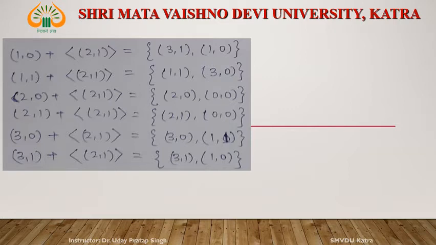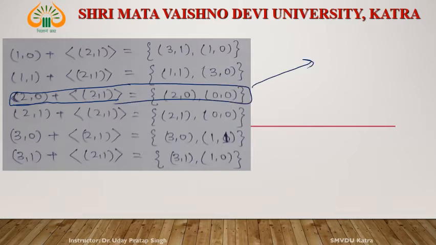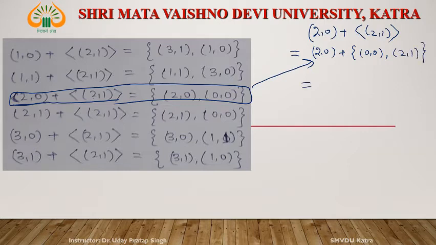Next, this one is (2, 0) plus H. This is equal to (2, 0) plus (0, 0), and (2, 0) plus (2, 1). (2, 0) plus (0, 0) is (2, 0), and (2, 0) plus (2, 1) is: 2 plus 2 is 4, 4 is equal to 0, and 0 plus 1 is 1.